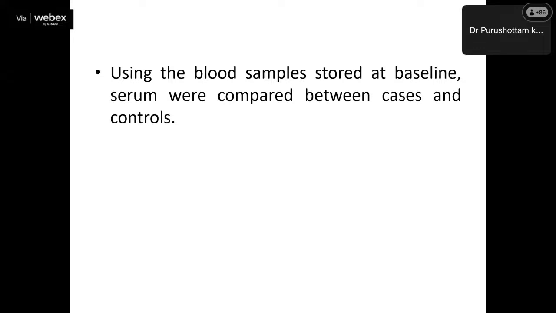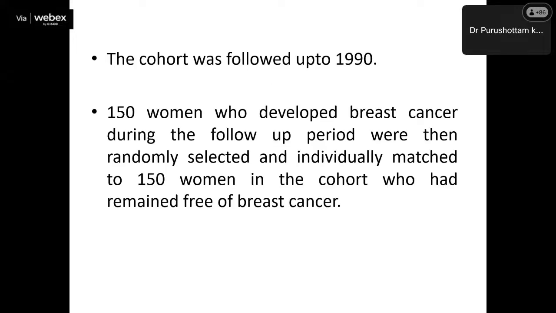Now they have already stored the 57,000 blood samples. So if they get how many cases? 150 cases. So correspondingly they have taken 150 controls. So out of 57,000 samples, they have to study only 300. So that is the advantage or benefit of the nested case control.